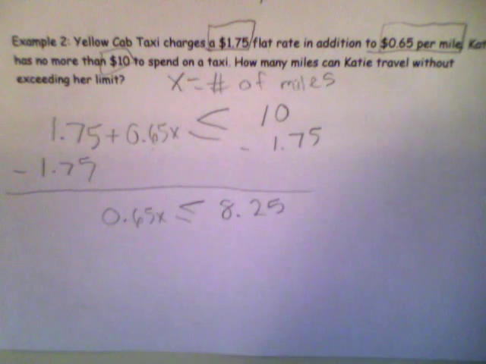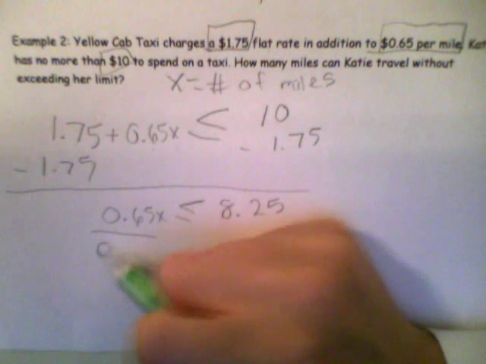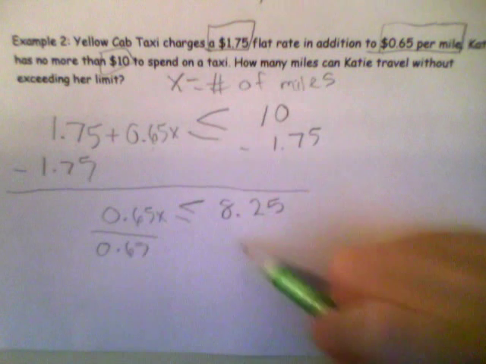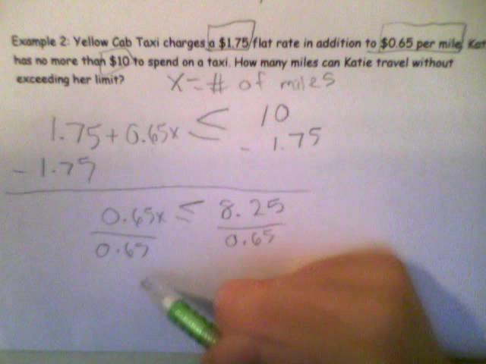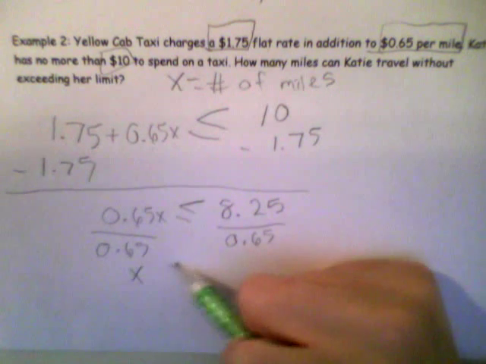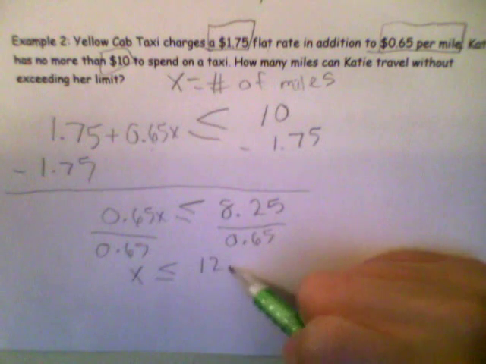Okay. Now I'm going to go ahead and divide both sides by 0.65. When I do that, I get x is less than or equal to 12.69.